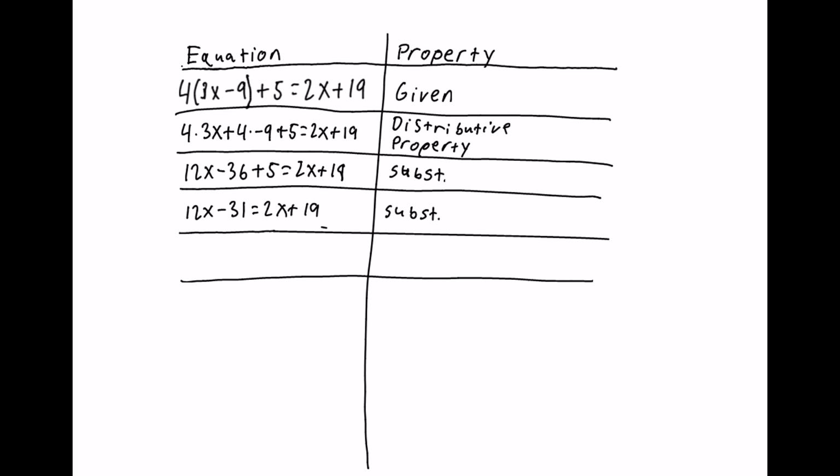So we want to subtract 2x from both sides. So 12x minus 31 minus 2x equals 2x plus 19 minus 2x. So we subtract 2x from both sides, and so that's the subtraction property of equality.